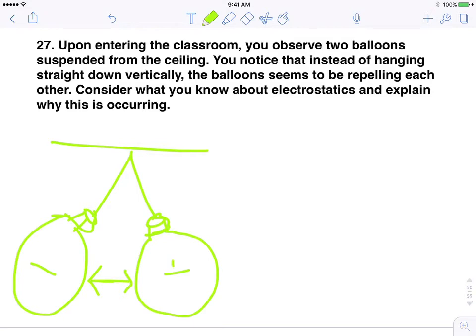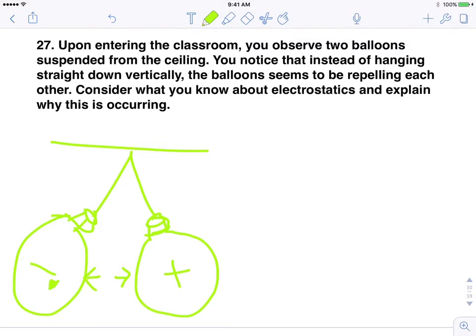If one of them was left neutral, and something happened to this one, probably charging by friction, that gave this a negative charge, well, then these would no longer repel each other. They would attract each other. Right? And they would come together.